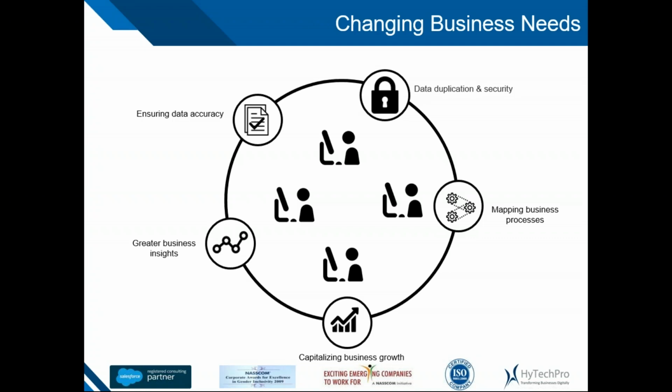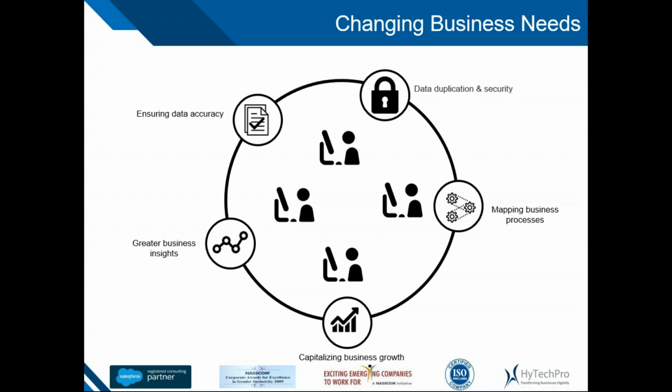And most important, the business processes that you have mapped in your system are actually not right. Or maybe you want to have a different mapping of your business processes and define new workflows, because that is how you will be able to use the system better.